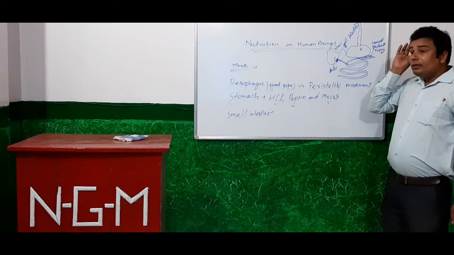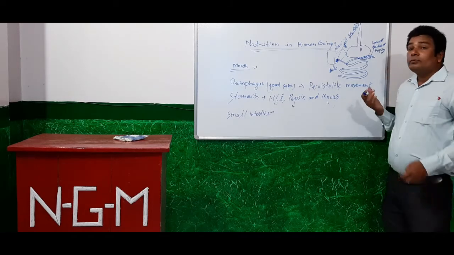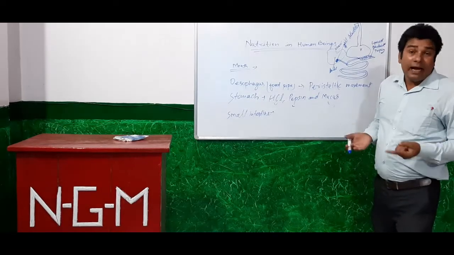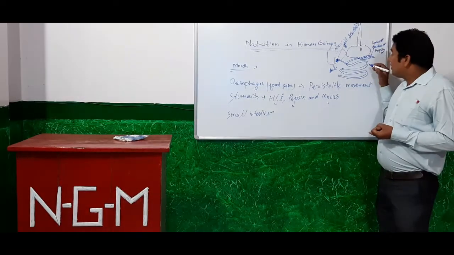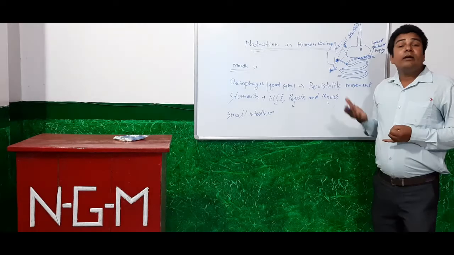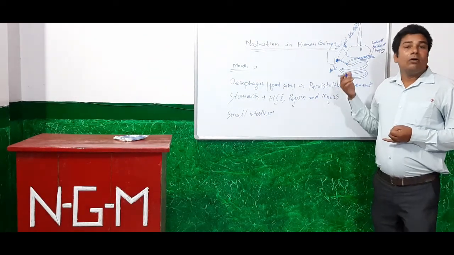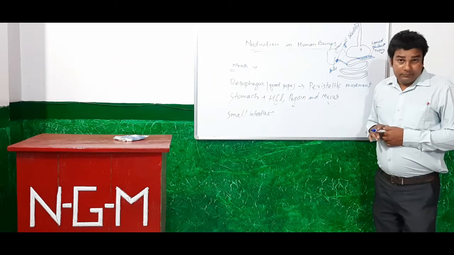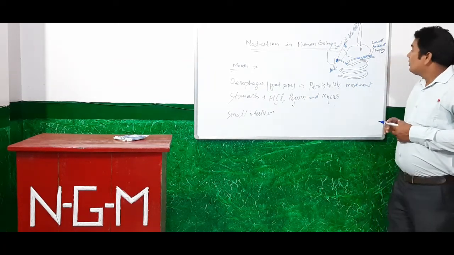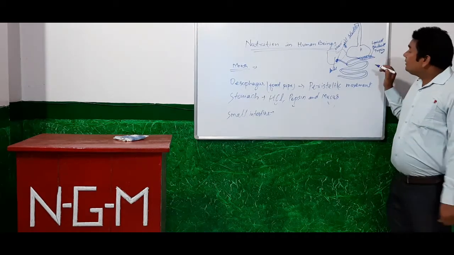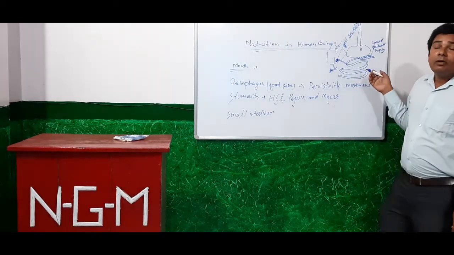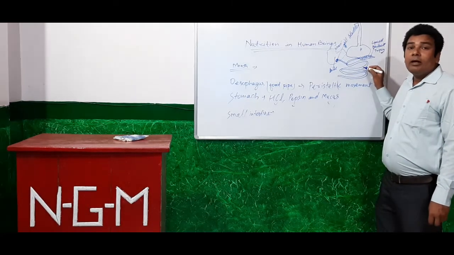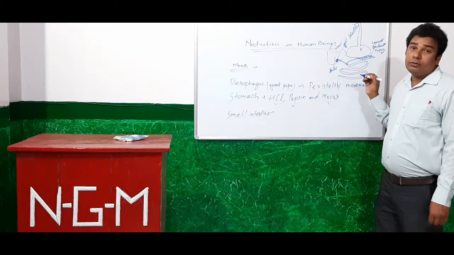When the food is broken down into small globules of fats, enzymes secreted by the small intestine walls convert them into glycerin, and then into glucose.